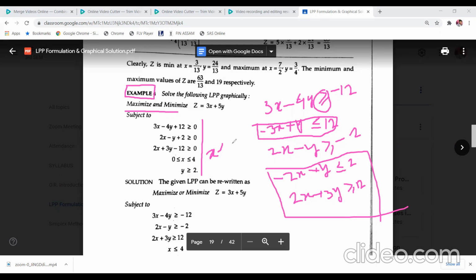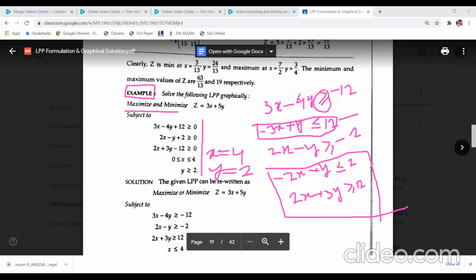So you get 3 equations here and the other 2 equations from here: x is equal to 4 and y is equal to 2. So in total we have 5 lines.